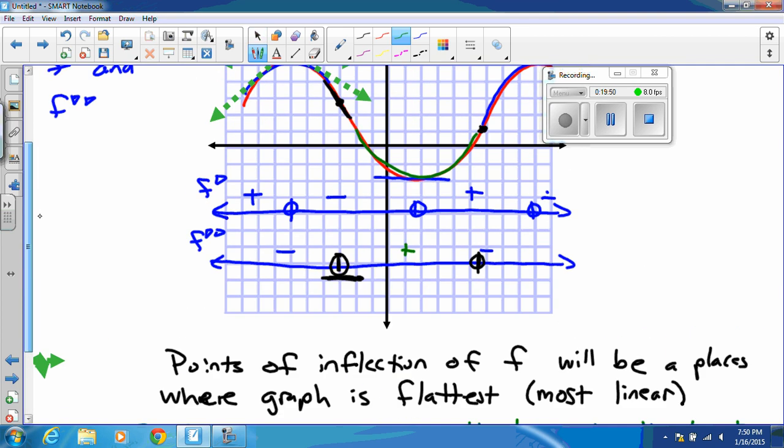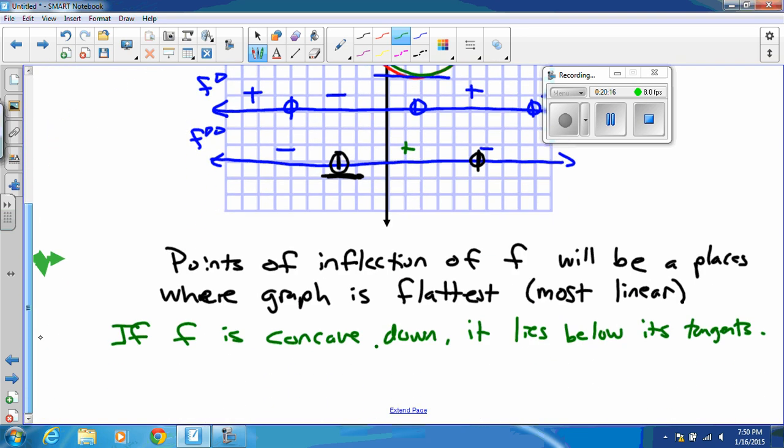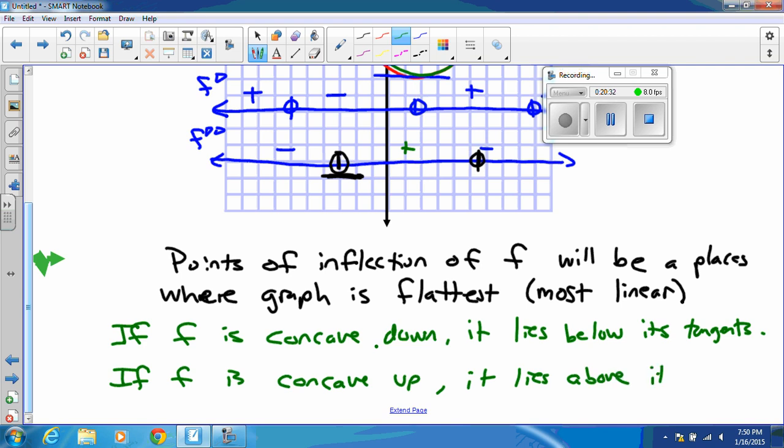Because if f is concave down, f prime is necessarily decreasing, which means that the graph of f will increase not quite as fast as a straight line. Straight line has a constant slope. The graph of f here has a decreasing slope because it is concave down. So a straight line will beat it. It will lie on top. It will go above it. And the result is that f will lie below its tangents.